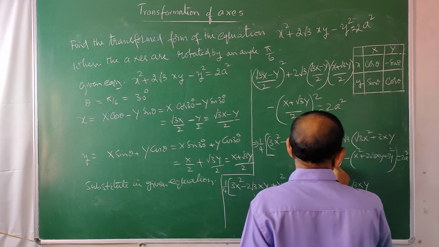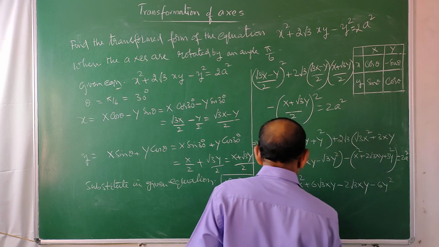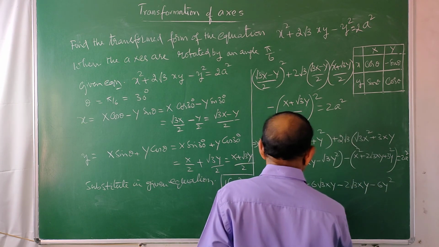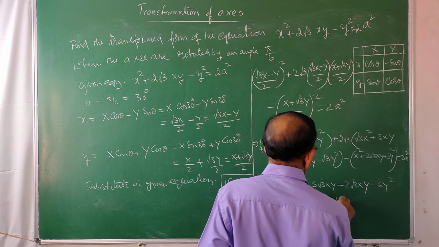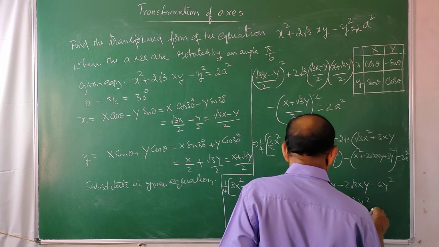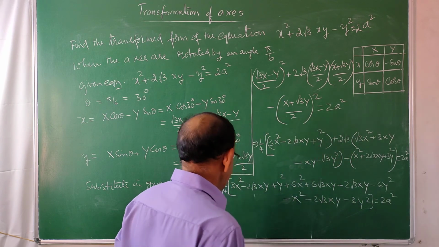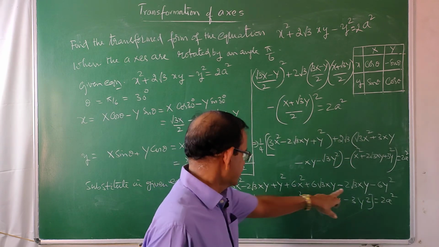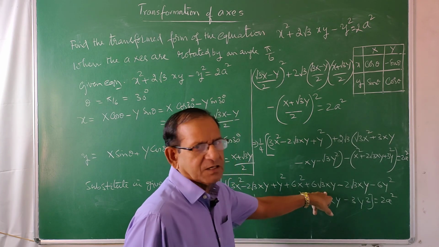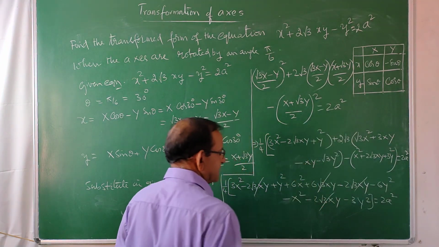Two root 3 into root 3, 6, minus 6y square, minus x square, minus 2 root 3 xy, minus 3y square, is equal to 2a square. Here minus 6 root 3 xy is cancelled with 6 root 3 xy. These three terms are cancelled with this single term.